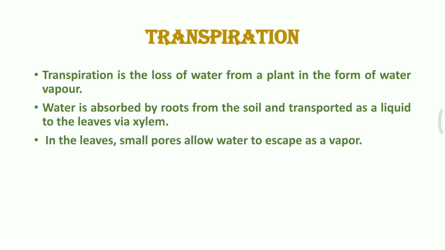When the guard cells become turgid, stomatal aperture arises, and through that stomatal aperture, water gets converted into water vapor in the spongy parenchyma, that vacant region, and from there it is transported to the stoma for the release in the atmosphere.